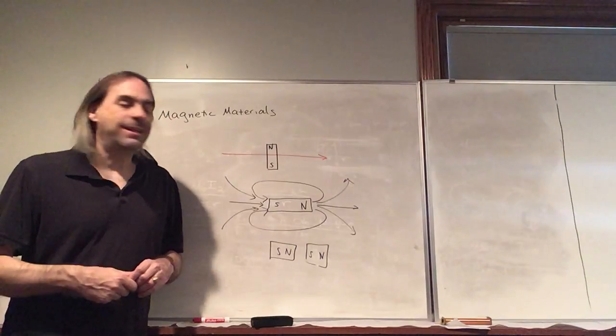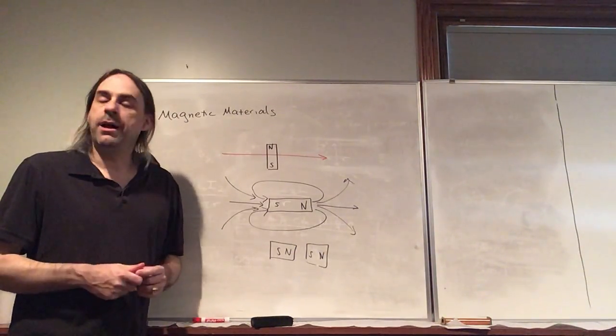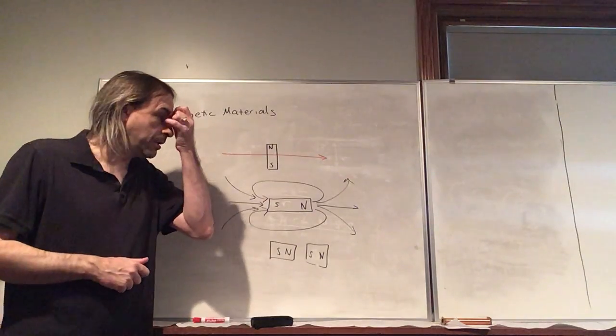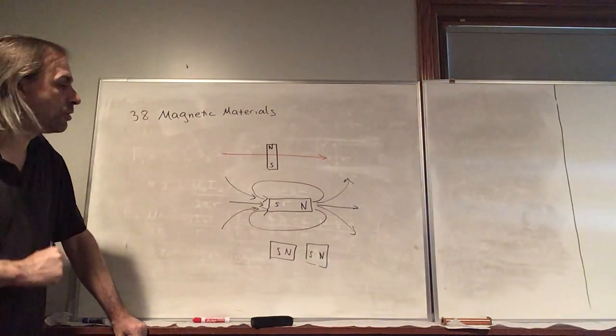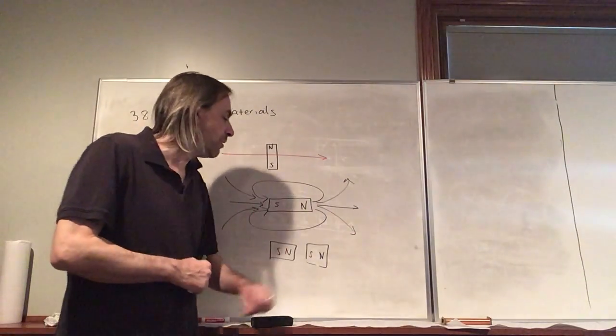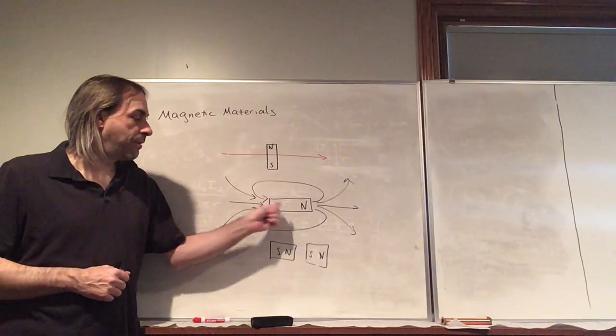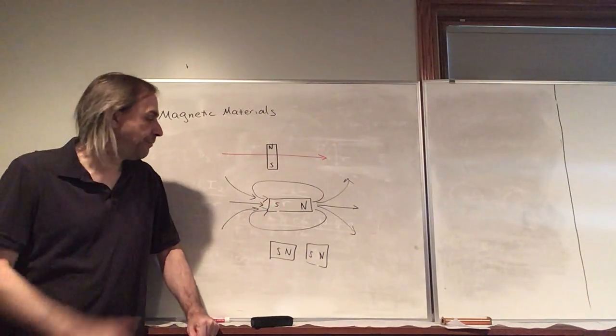So there are good reasons, although absolutely no evidence, to believe that magnetic monopoles actually do exist. But so far, absolutely no evidence of that. So as far as we're concerned, the smallest unit of magnetism is a dipole. They always come with north and south poles together.